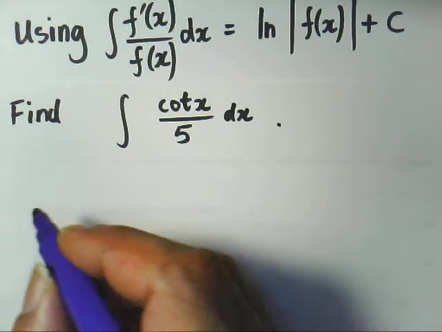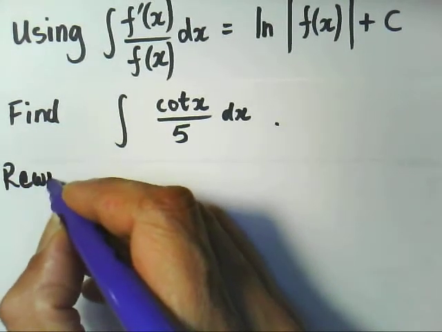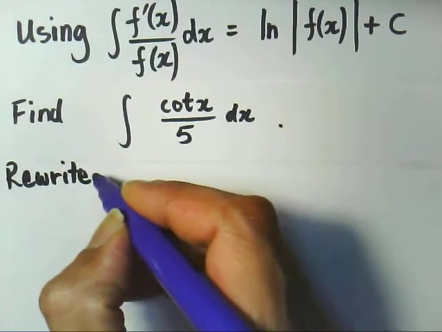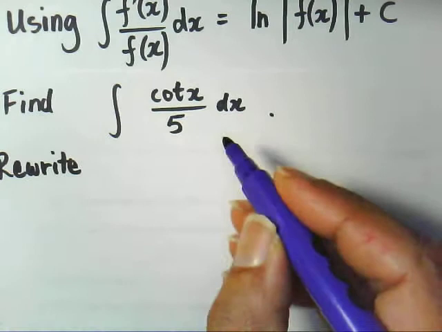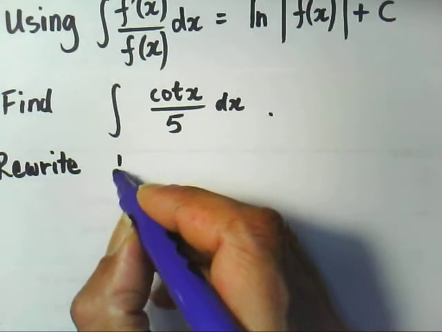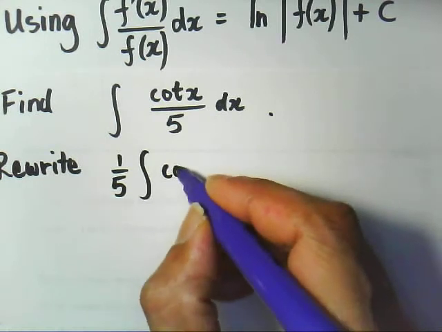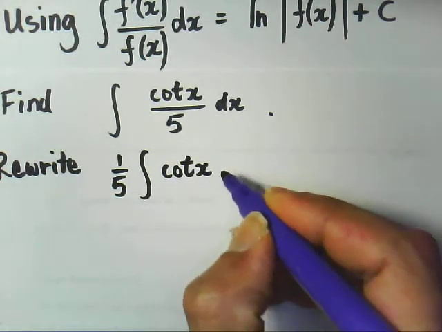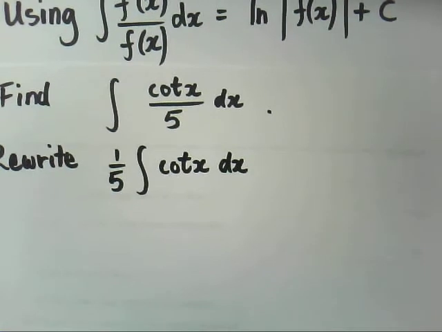So what we can do is rewrite this and take out that fifth to give us just cot x in the integration.